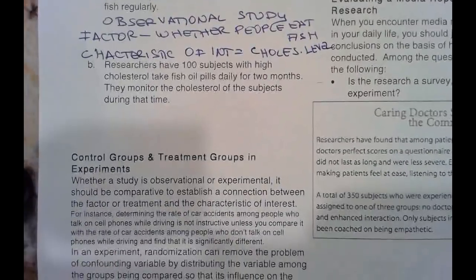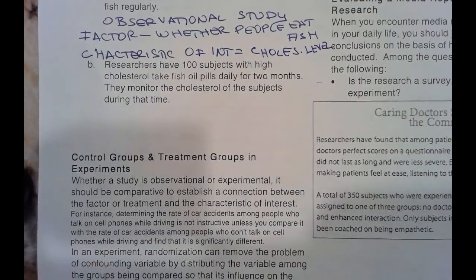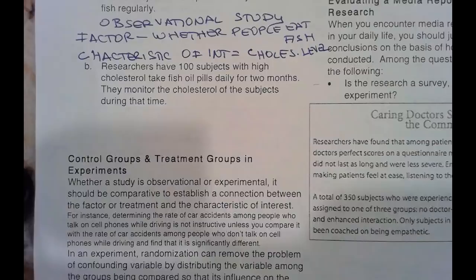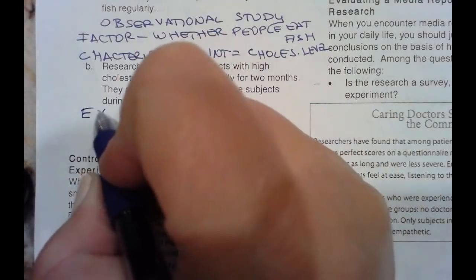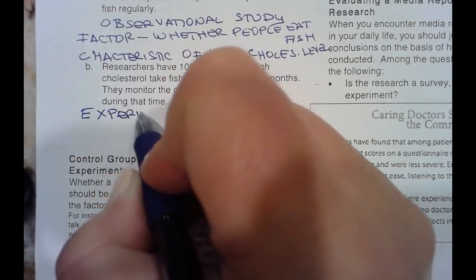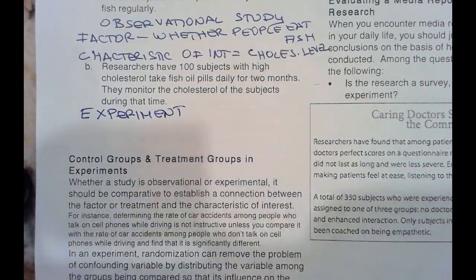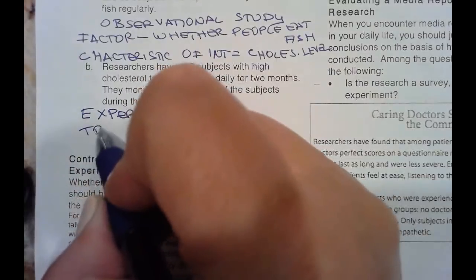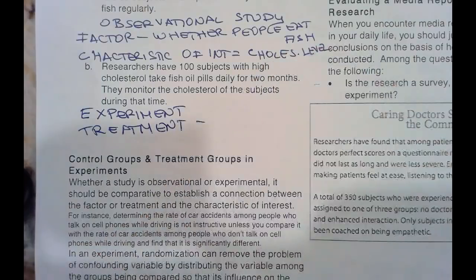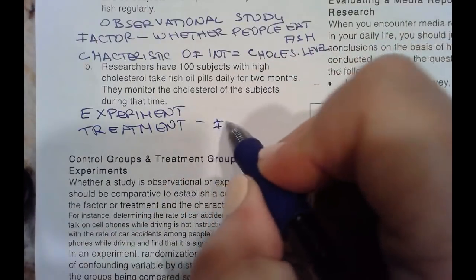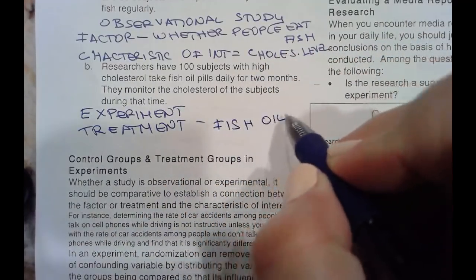Second scenario. Researchers have 100 subjects with high cholesterol take fish oil pills daily for 2 months. They monitor the cholesterol of the subjects during that time. Hopefully you see that in this case we have an experiment, and the treatment is the fish oil pill.